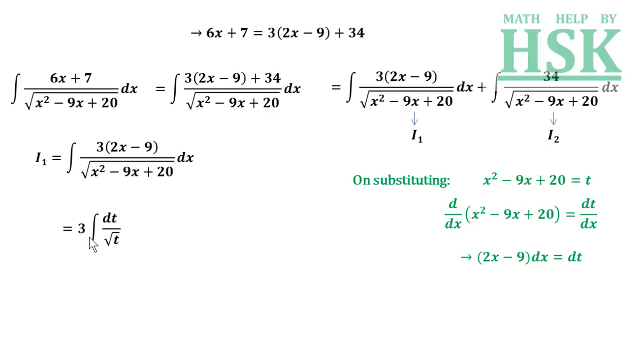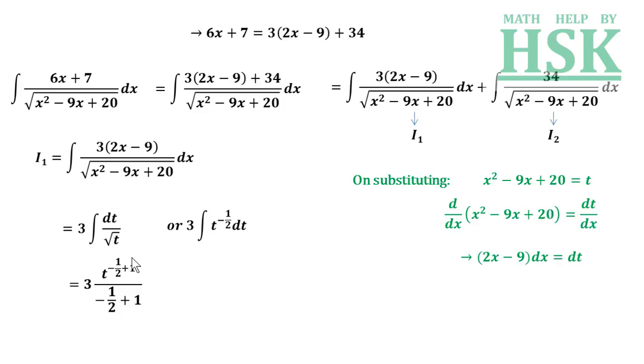So I'm going to get 3 times the integration of dt upon root t, or 3 times the integration of t to the power of −1/2. Applying the formula of integration of x to the power of n, I'm going to get this as 3 times t to the power of (−1/2 + 1) upon (−1/2 + 1).